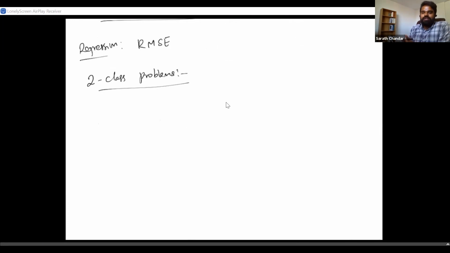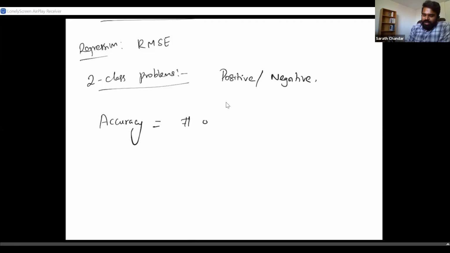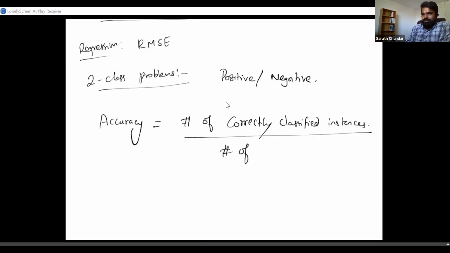So let's consider a 2-class problem where I have 2 classes, positive and negative. So far in this course, we have seen accuracy, which is basically the number of correctly classified instances divided by the total number of instances.